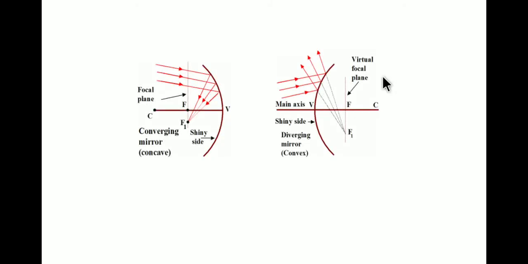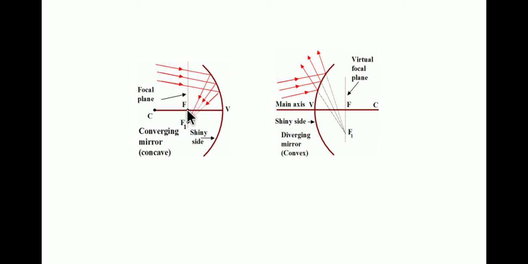Here we can see in this image that this is a concave mirror, so its reflecting surface is curved inwards. If any parallel beam of rays which is not parallel to the principal axis gets incident on the surface of the mirror, then the reflected rays will come and intersect at a point.